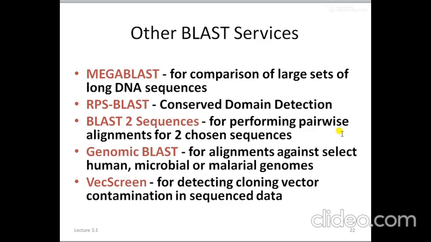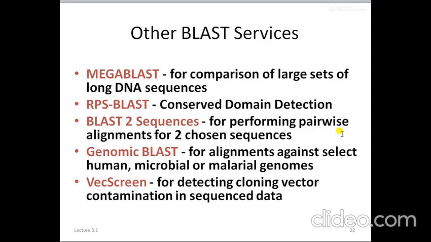Then genomic BLAST aligns against selected human, microbial or malarial genomes. Sometimes you might take a DNA sequence and align it against the Saccharomyces cerevisiae database. So that is a genomic BLAST.